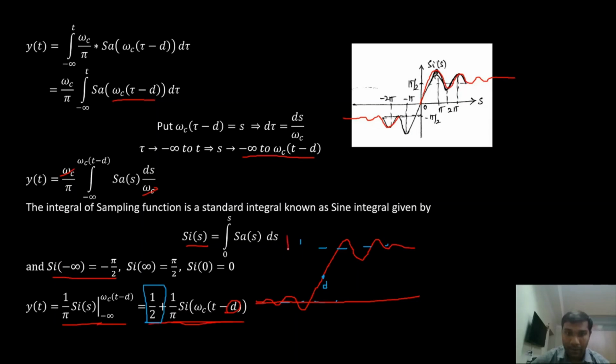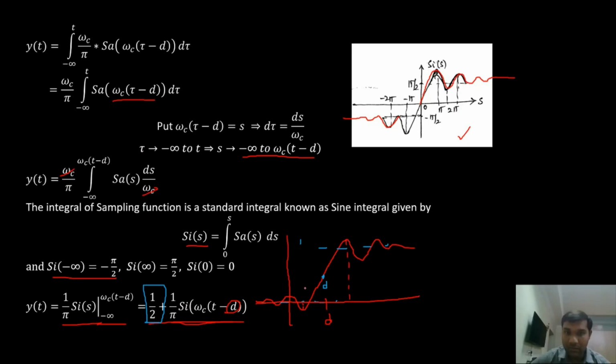And let my y-axis be somewhere here, because this is nothing but a delayed version of my original sine integral. Now this position is d. I'll calculate the position of my final amplitude. This is my final value here, and this is my initial value.